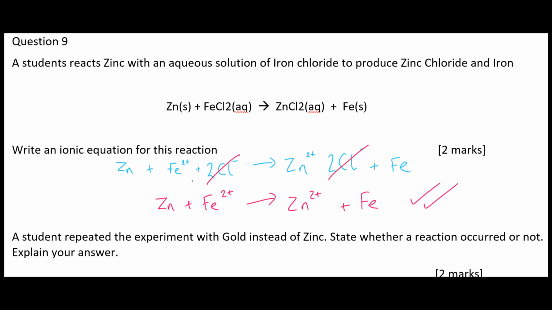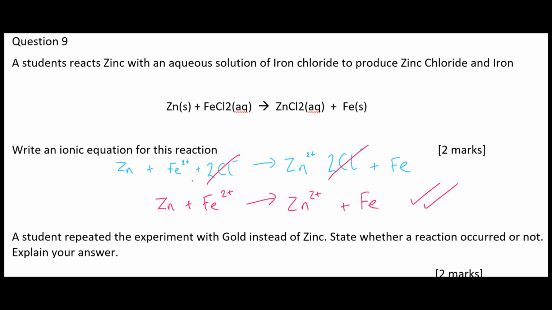The final question here says, a student repeated the experiment with gold instead of zinc. State whether a reaction occurred or not and explain your answer. Well, to answer this question, you've got to think about gold's position on the reactivity series. And gold is very low down on the reactivity series.